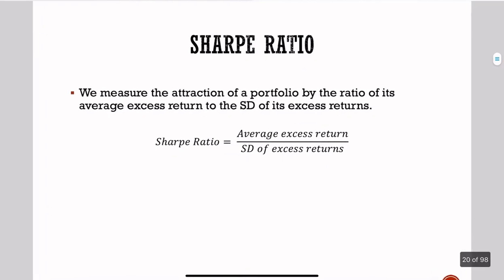Okay, great. Now, Sharpe ratio. After finding the average return, we could find the Sharpe ratio. Sharpe ratio is defined as average excess return divided by the standard deviation of excess return.